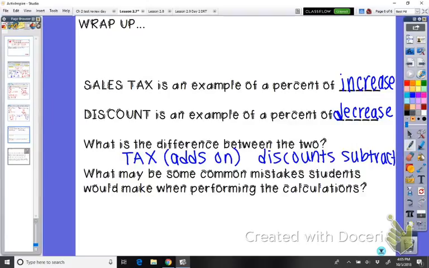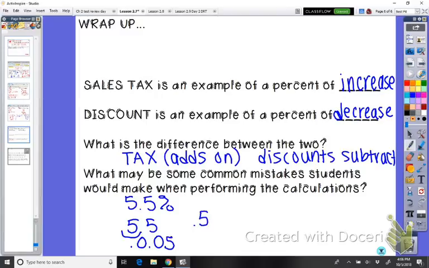And then what may be some common mistakes students would make when performing the calculations. Sometimes if a student thinks like 5.5% and they want to change it to the decimal, they just might use 5.5, or they might say 0.05, or just get confused on where the decimal goes.